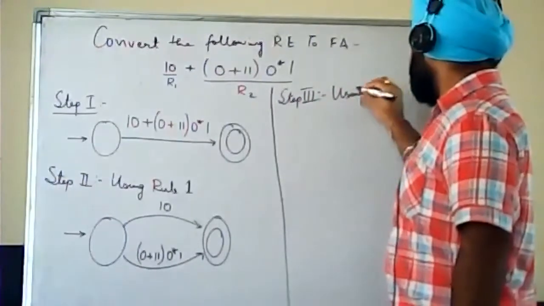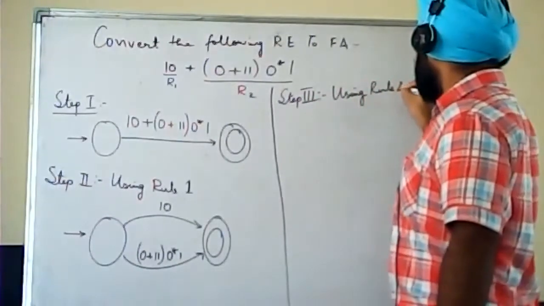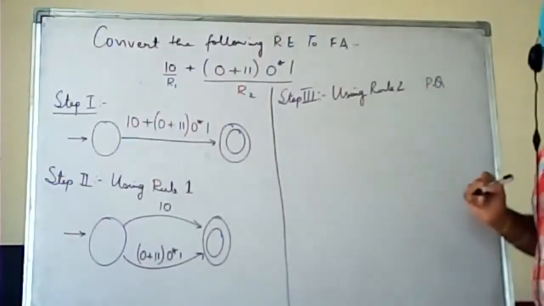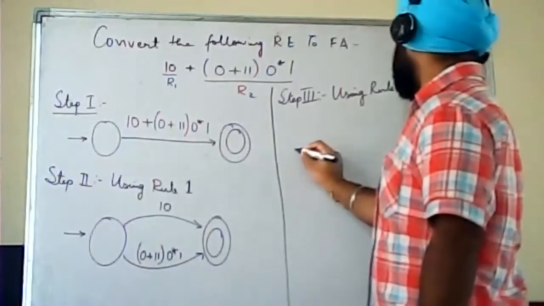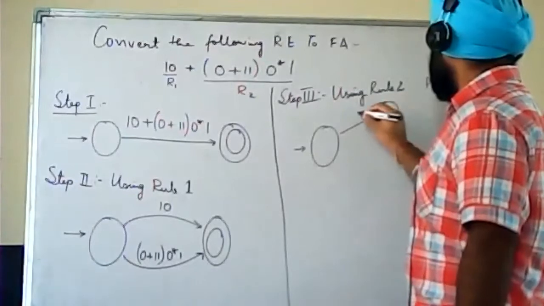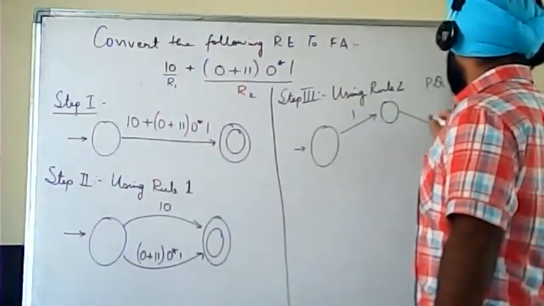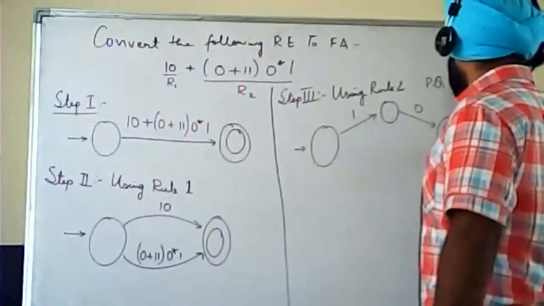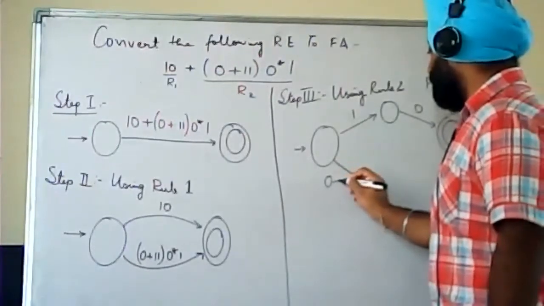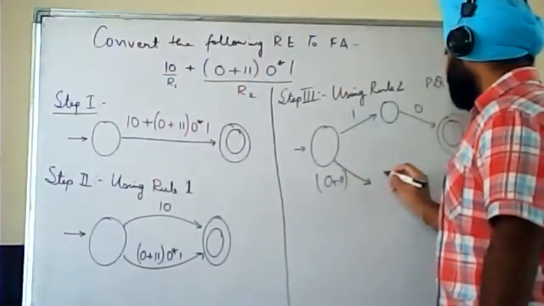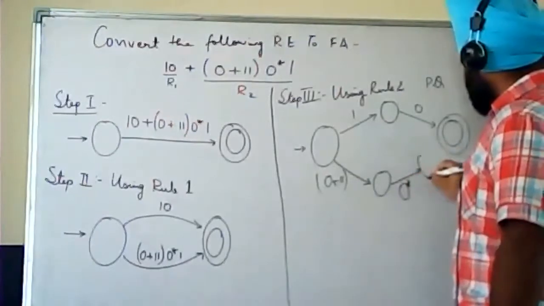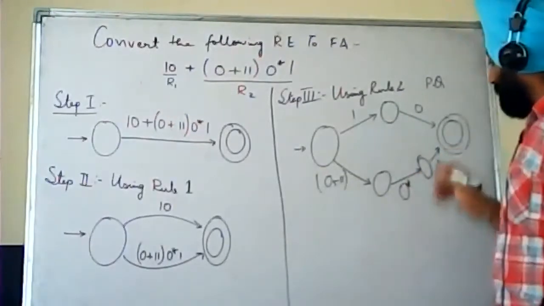So step number 3, using rule number 2, which is for P dot Q. So you can represent your diagram. Here 1 0 to your final state, then the lower expression 0 plus 1 1, then a state will be introduced, 0 star, a state, then you have 1.